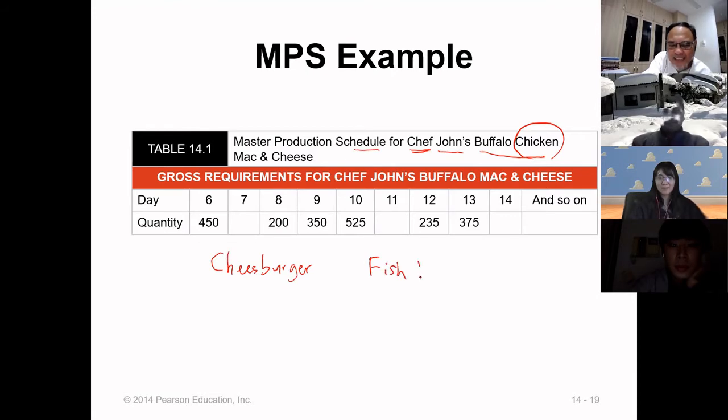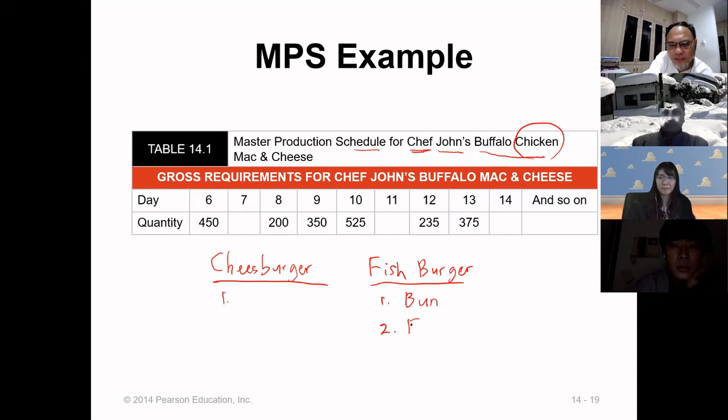So just take these two products. Now, to make a cheeseburger, you need what? Tell me. You need the buns. Yes. Okay.